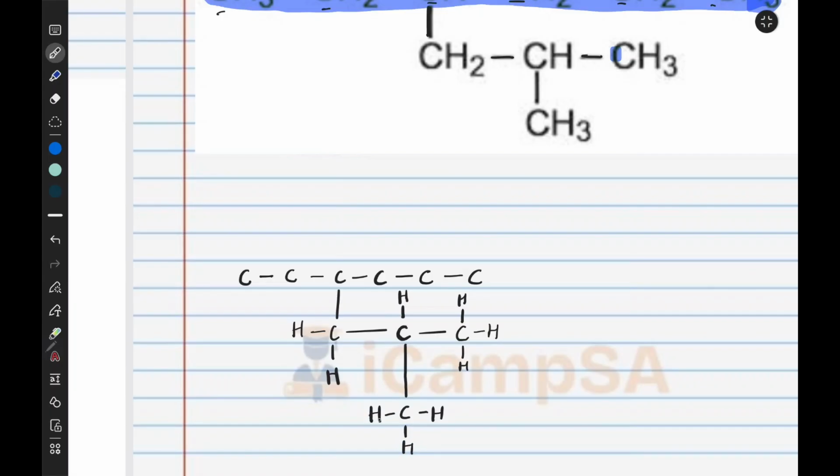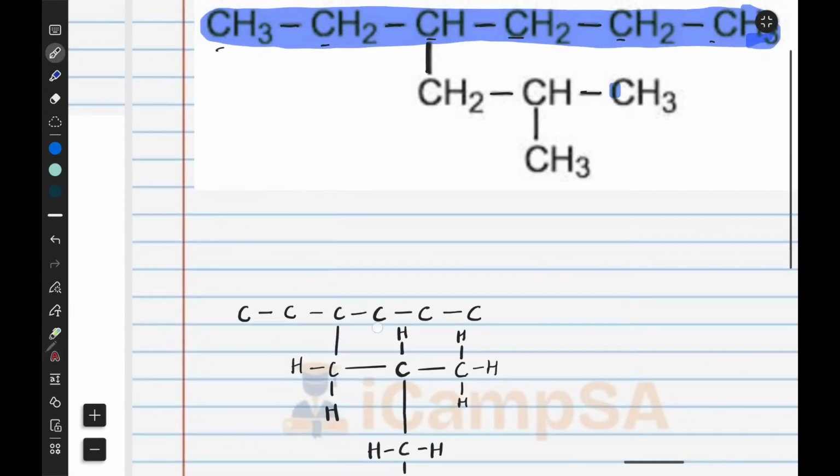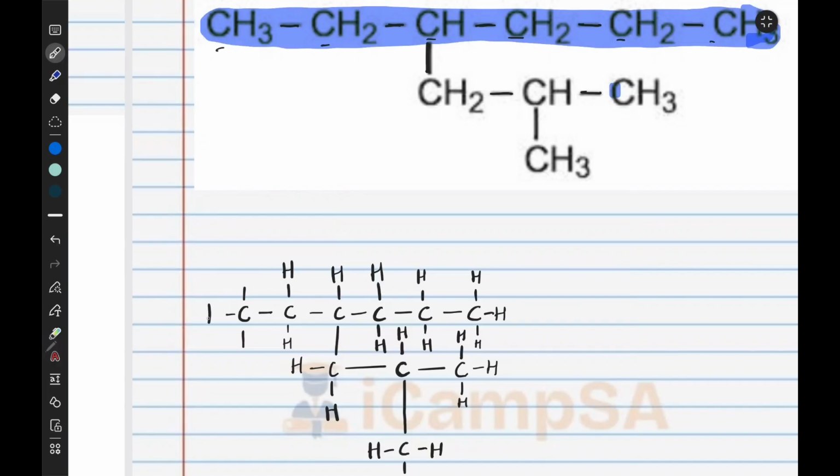I'm just following the condensed structural formula. It's the same thing. You're copying it, but now you are just expanding it. Okay, it's a bit clustered, but it should give you the idea of what it looks like to take a condensed one and turn it into a structural formula.